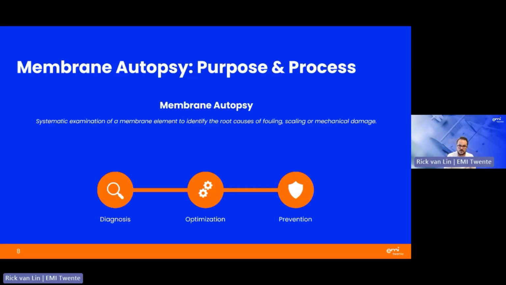So the purpose is to diagnose the root cause of the failure, provide insights for optimization of your process through different types of cleaning, adaptation of pretreatment, or adjusting operational strategies, and in the end prevent recurrence and extend lifetime of membrane systems.